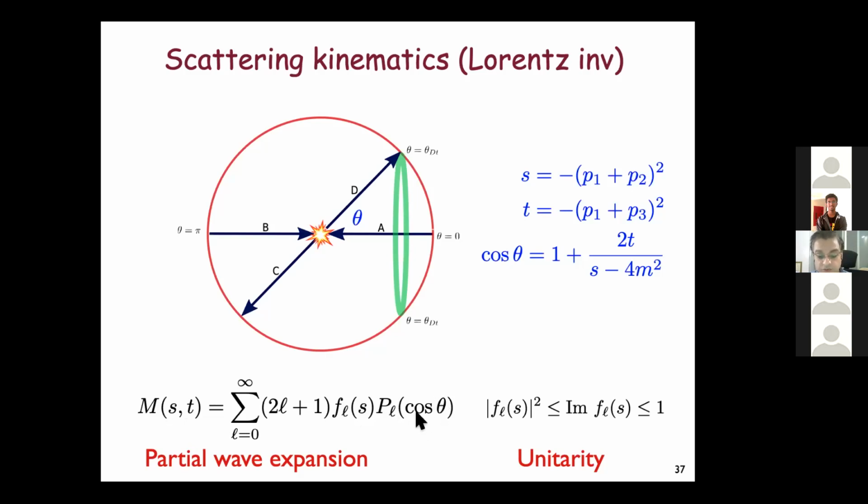If you were in arbitrary dimensions, you would see Gegenbauer polynomials. And these f_l are the partial wave amplitudes, which are constrained by unitarity. So this is the constraint. Just make a mental note that one of the constraints is nonlinear: you have |f_l|^2 less than 1, whereas this one is linear: the imaginary part of f_l is less than 1.